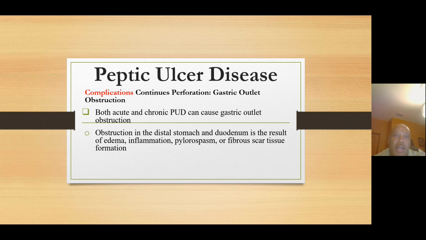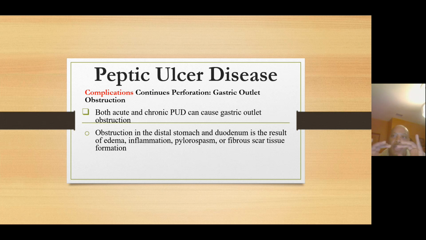A PPI or an H2 receptor blocker is used if the obstruction is due to an active ulcer. If the patient is actually having an ulcer, then these drugs are essential. Also, there's a procedure called a balloon dilation that can open the pyloric obstruction.